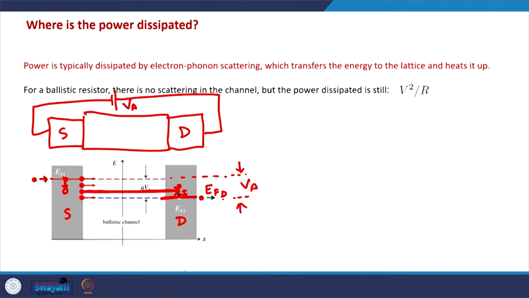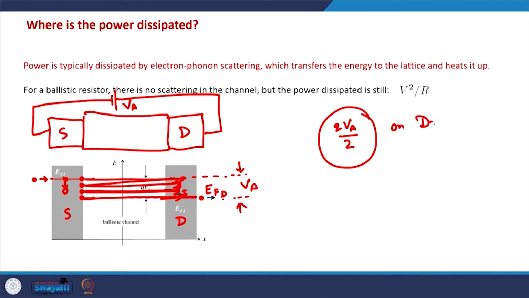Okay, so on average, for numerous electrons going from the source side to the drain side, almost half of the energy is dissipated on the source terminal and half of the energy is dissipated on the drain terminal. So, this much energy is dissipated on the drain side, and the same amount of energy is dissipated on the source terminal.